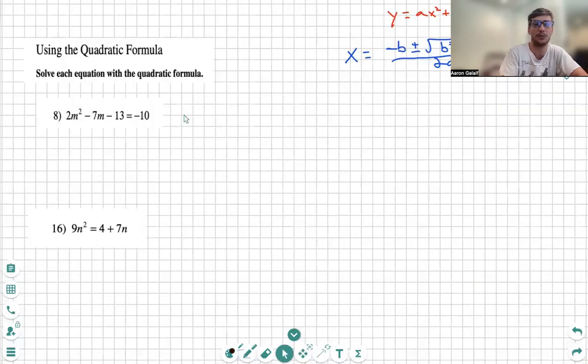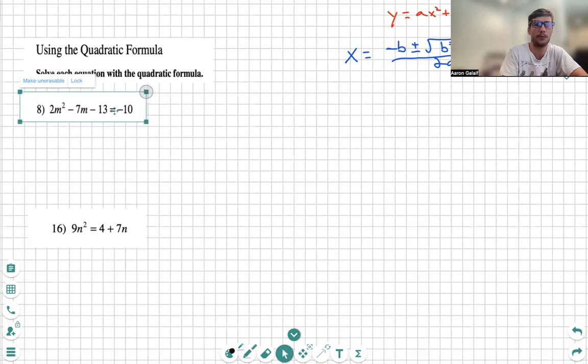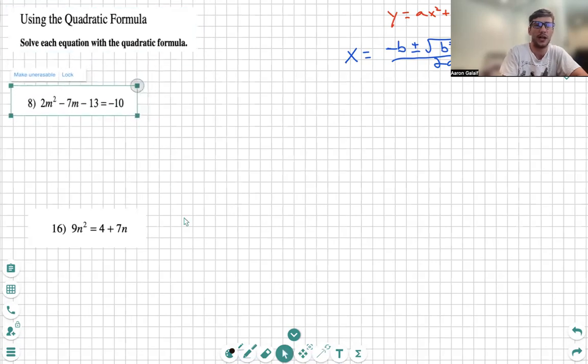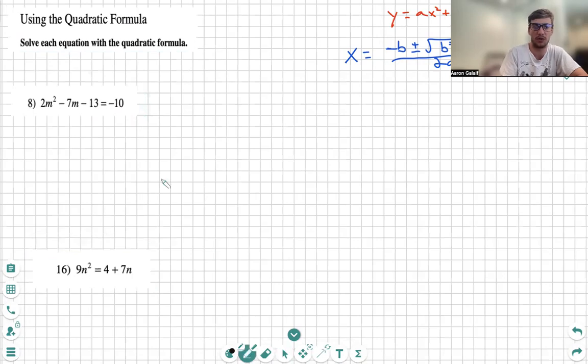So first things first, number 8. When we're doing number 8, the first thing we need to do is get everything to one side. We need to have equals 0. So I'm going to add 10 to the other side. We're going to rewrite 2m squared minus 7m minus 3 is equal to 0. Now, if I were to X method this, it's not going to work, right?